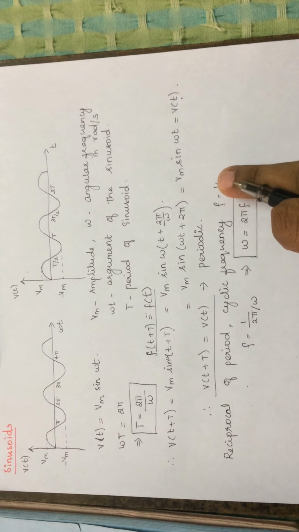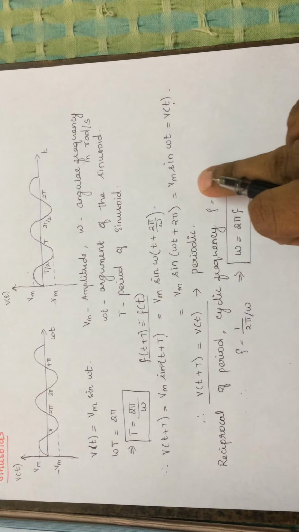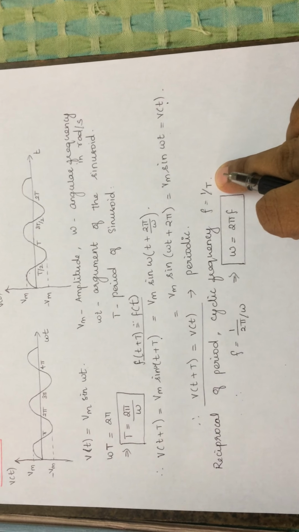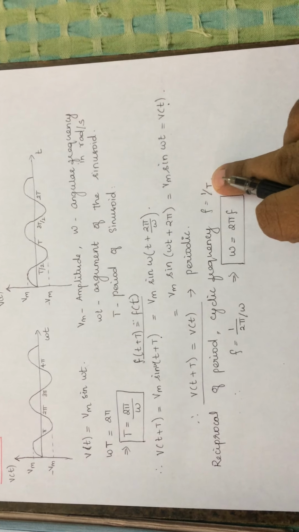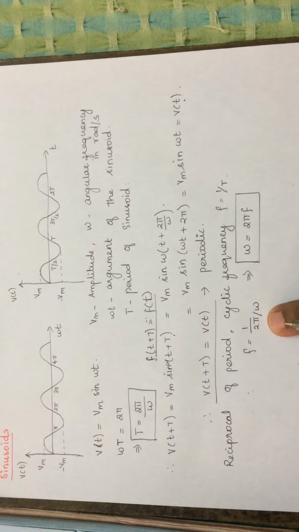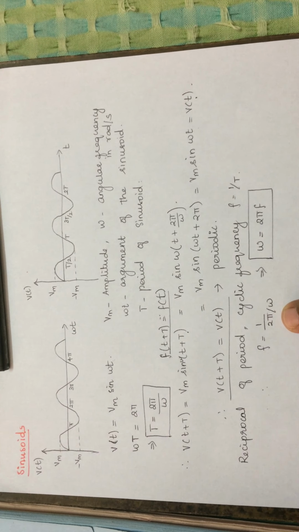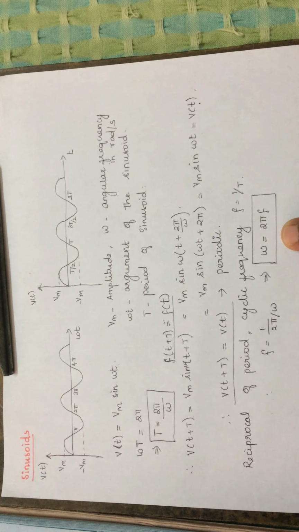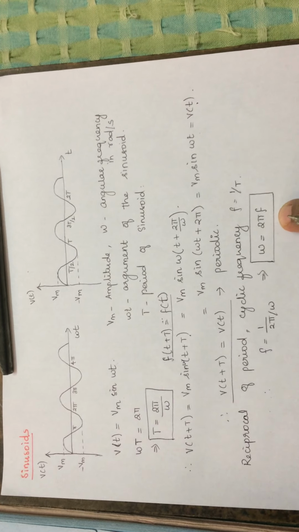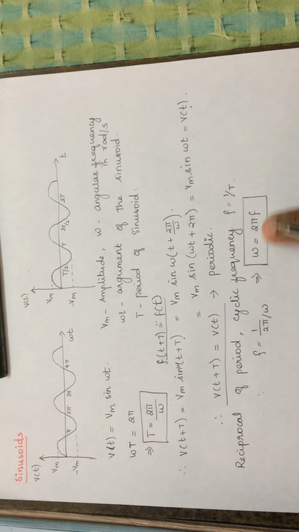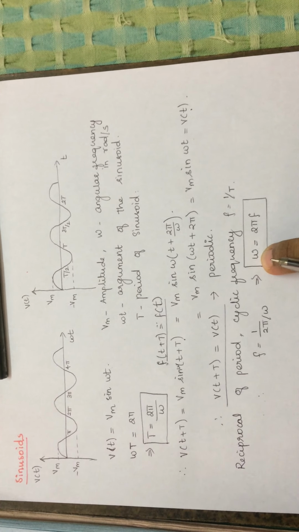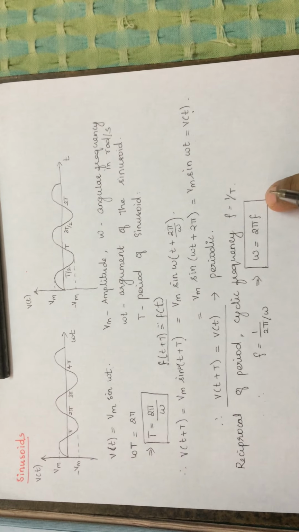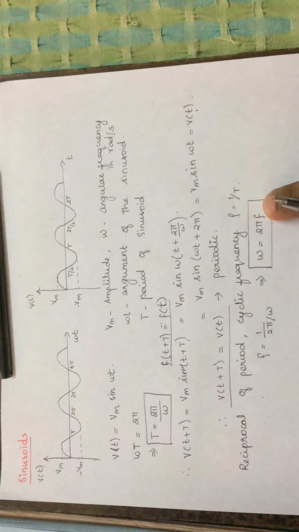So f is the reciprocal of the period, so it is 1 by T. T is 2 pi by omega. Substituting it over here, we get f is equal to 1 by 2 pi by omega. So from that, omega, the angular frequency, is equal to 2 pi f. Angular frequency is in radians per second, and f is the frequency in hertz.